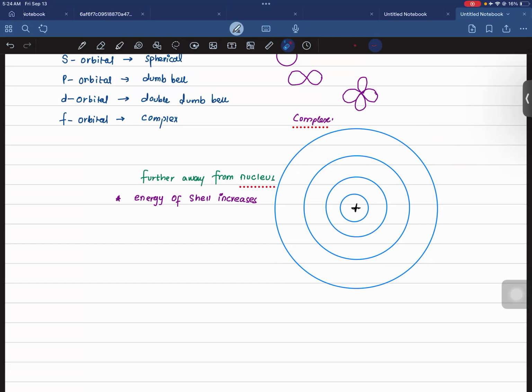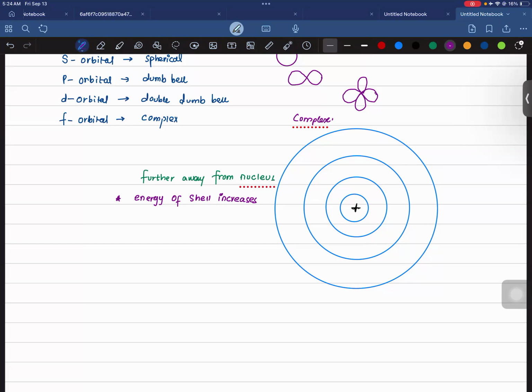Because the outer shell is having the higher energy. When something has higher energy, it wants to gain stability by losing or gaining electrons. This is the reason they never lose their electron from the first shell. It's stable. Why would they lose their electron? Just like a noble gas. Noble gases don't react with anything else because their shell is complete, they are more stable, they are inert. Why would they react with each other? So this is the reason.